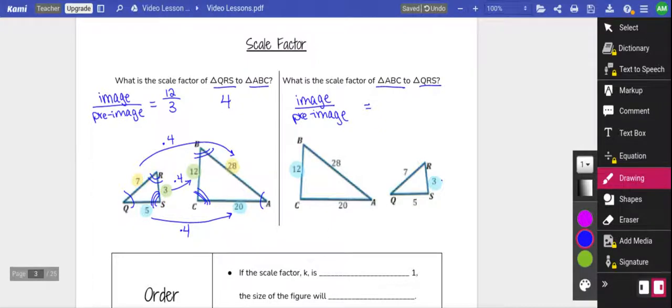But this time, 3 is in the image. So it goes on top. Now 3 and 12 both share a common factor. That factor is 3. So the scale factor is 1/4.